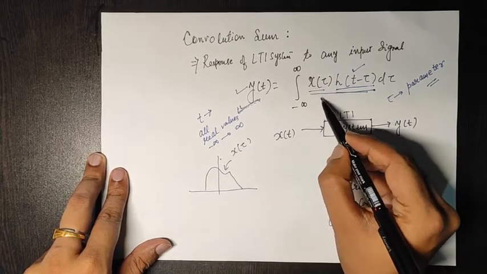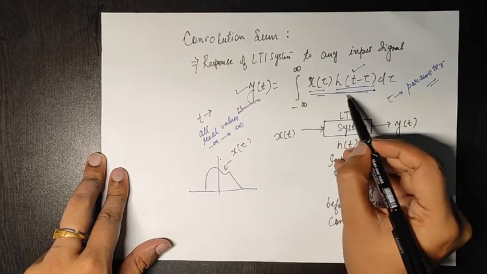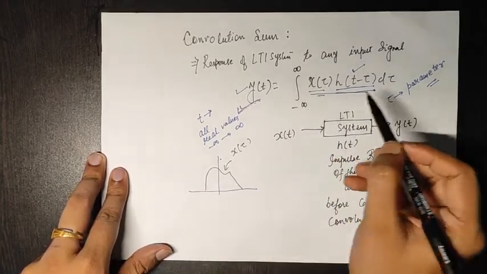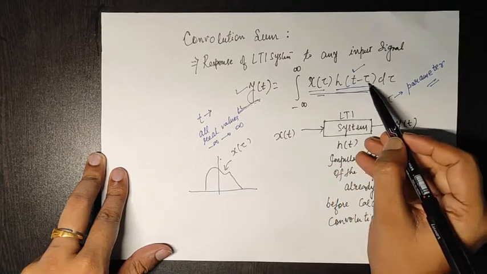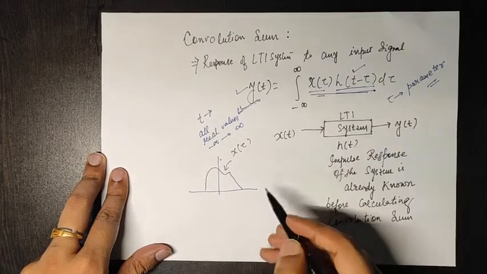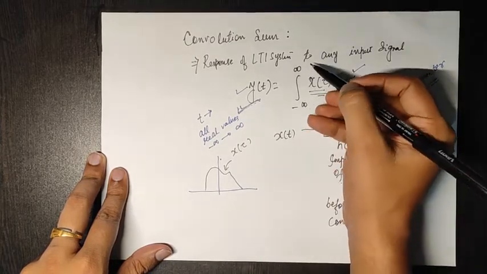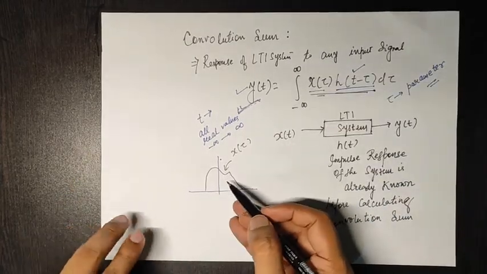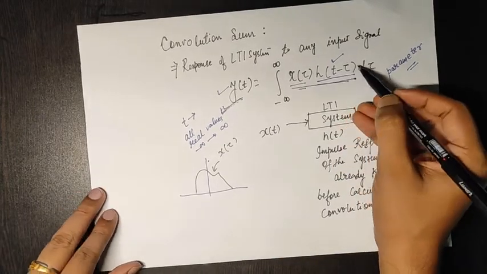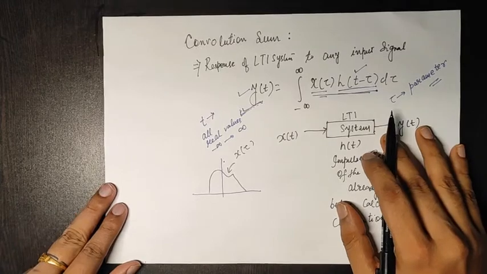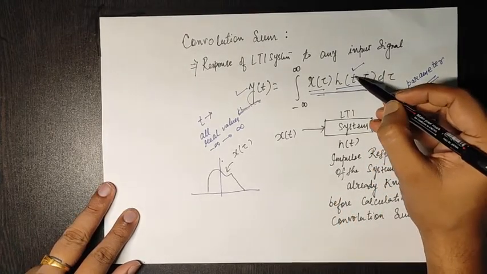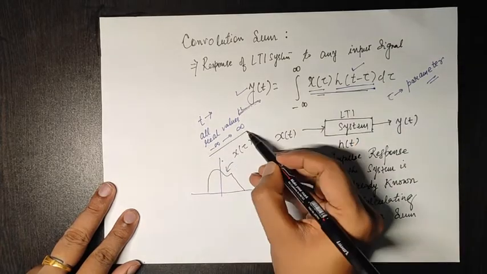We are interested in calculating the product x tau into h of tau. Since we are integrating along the whole domain from minus infinity to infinity, that's why t is varied from minus infinity to infinity.